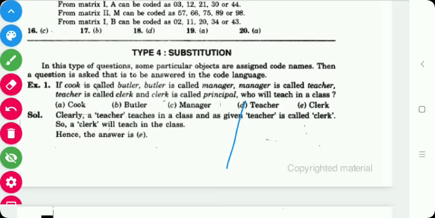For example, first example is, if cook is called butler, butler is called manager, manager is called teacher, teacher is called clerk, and clerk is called principal. So who will teach in a class? As we know, a teacher will teach in a class, but what is teacher called? Teacher is called clerk. So here the answer is clerk. So this is the substitution.